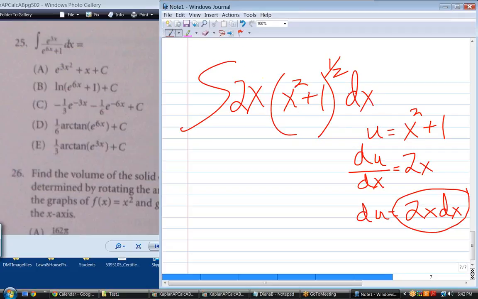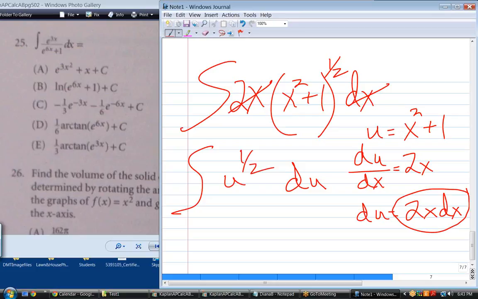I see a 2x there and a dx there, so immediately I can substitute du and take out that and that. And I've saved myself two steps, because now the problem immediately turns into the integral of u to the 1/2 du.